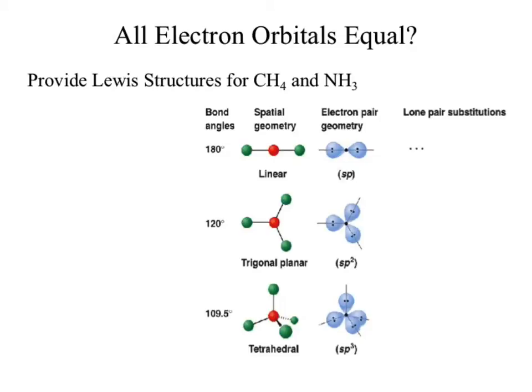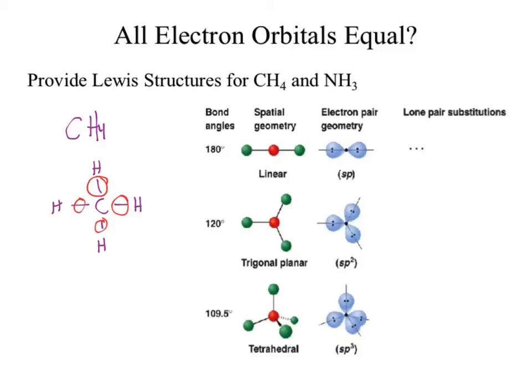Okay? What happens if we then look at a couple examples? Say CH4. How many groups of electrons are around our central atom? 4. Electrons, electrons, electrons. We get 4 groups. That gets us to the tetrahedral shape.